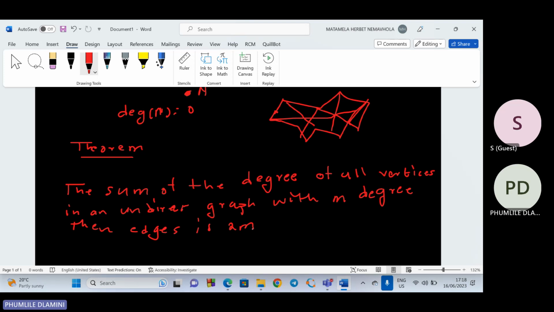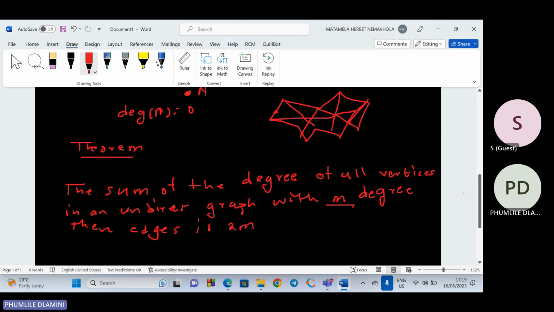So now we know that if we take the sum of all degrees, the edges are going to be 2m. If the sum of the degrees is m, then we multiply m by 2 to get the edges.